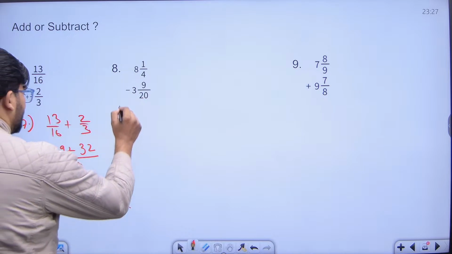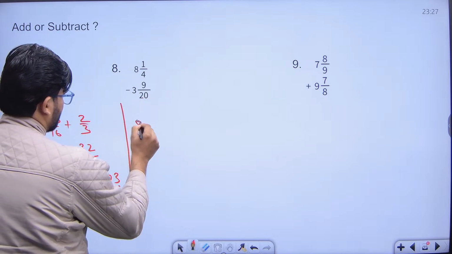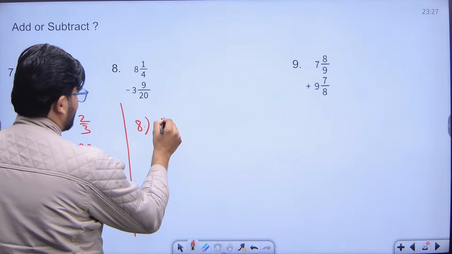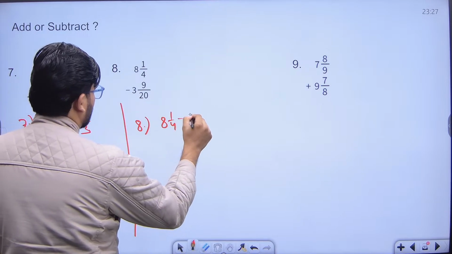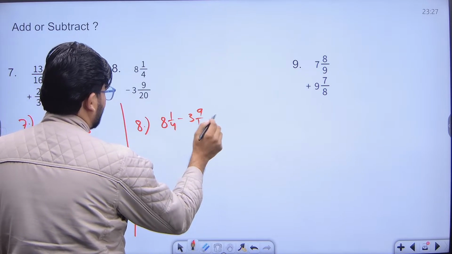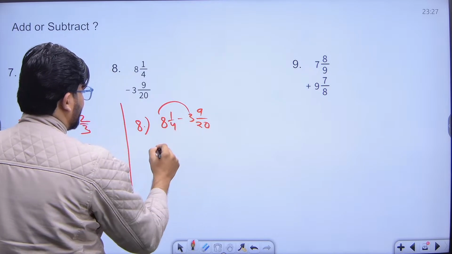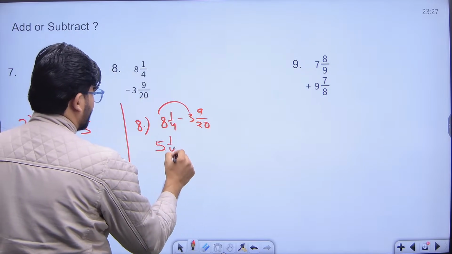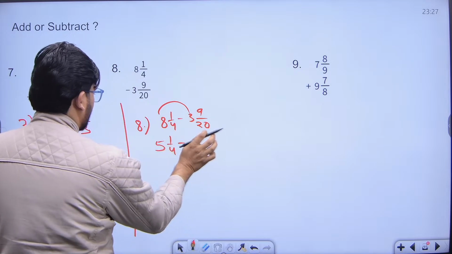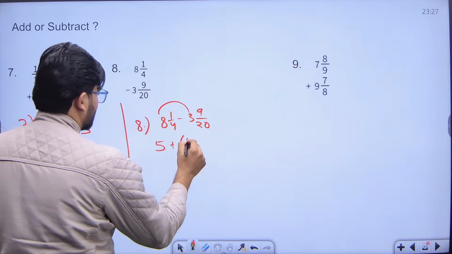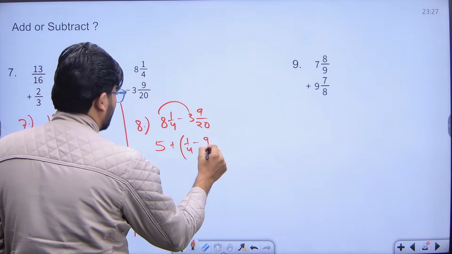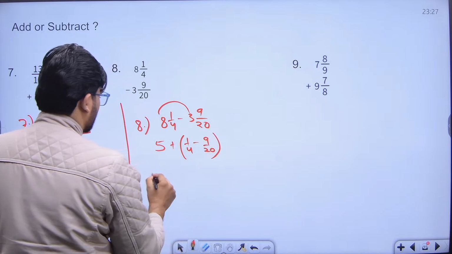Coming to question number 8. So it is 8 1 by 4 minus 3 9 by 20. So 8 minus 3 is 5. Sorry, it is going to be 5 plus 1 by 4 minus 9 by 20.